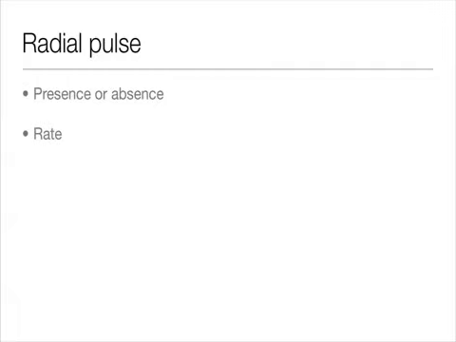Next, focus on the rhythm of the pulsation, and this could be regular or irregular. A regular rhythm doesn't necessarily mean sinus rhythm. You cannot tell without an ECG, but it could be sinus rhythm, could also be a junctional rhythm or idioventricular rhythm.